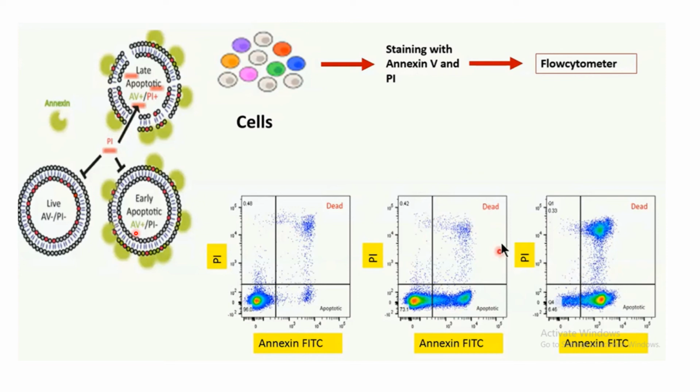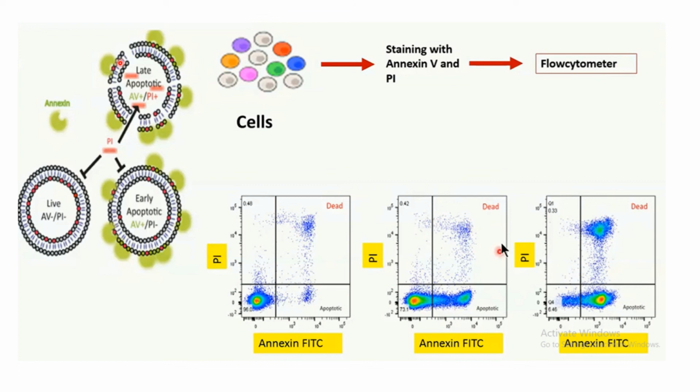Finally, in late apoptosis, the propidium iodide will enter the cell, and the cell becomes annexin 5 positive, that is AV positive, and propidium iodide positive. So we have three conditions: live and healthy cells, AV negative and PI negative; early apoptotic cells, AV positive and PI negative; and late apoptotic cells, AV positive and PI positive.